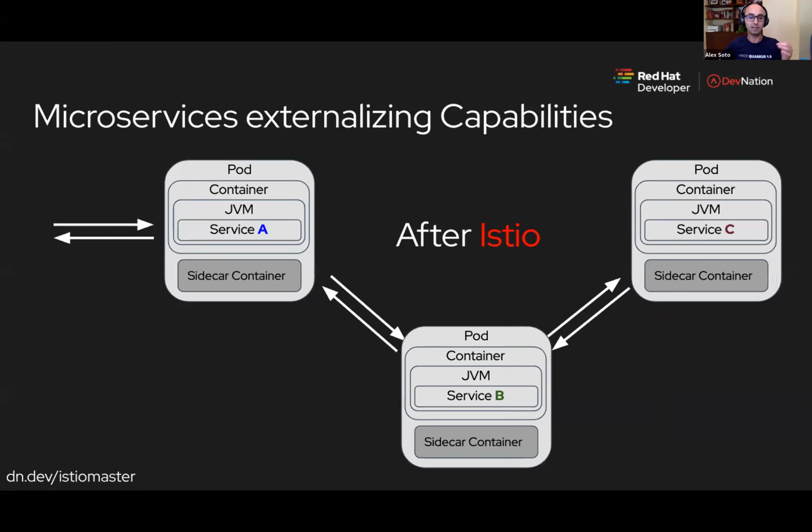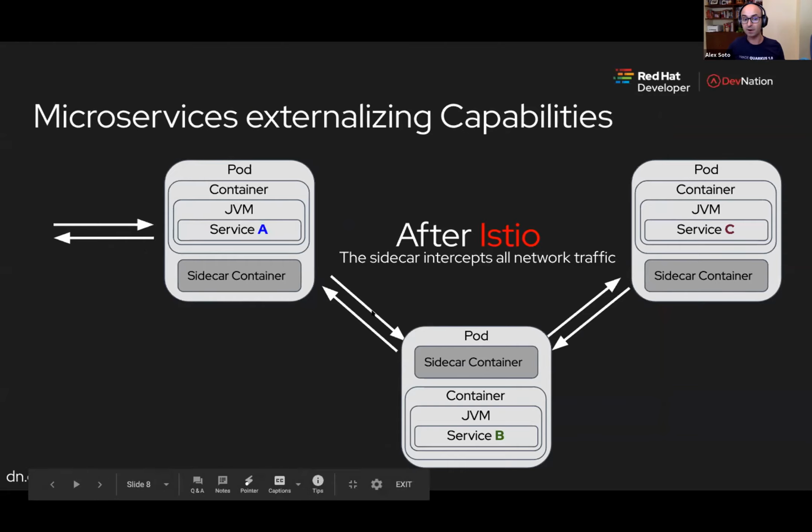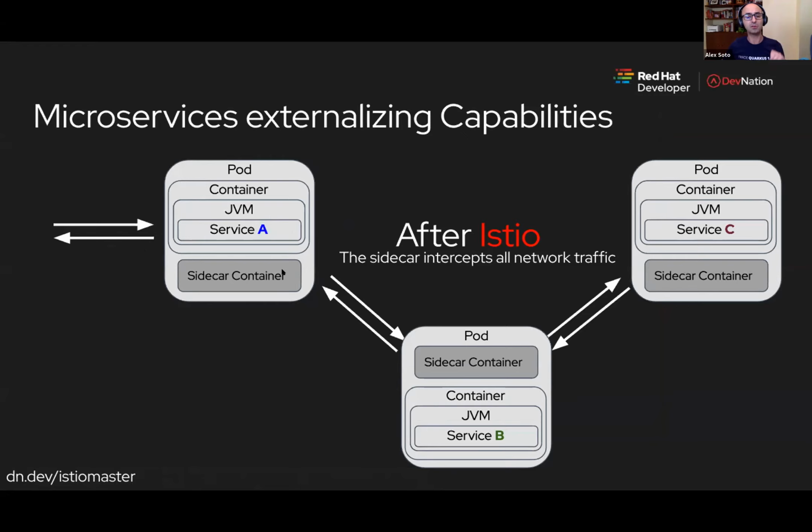A sidecar is simple: another container that is running inside the pod. And what's really happening here is that the Istio container is intercepting all the network traffic. So now when you want to do a request from service A to service B, what you are really doing is connecting service A to the sidecar container. This sidecar container makes the request to the other sidecar container.